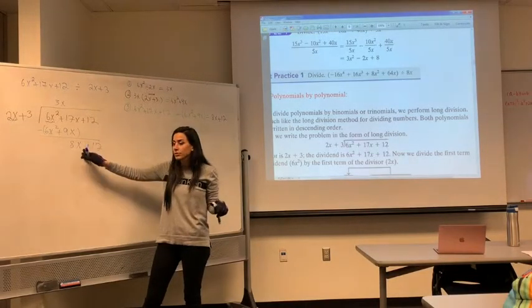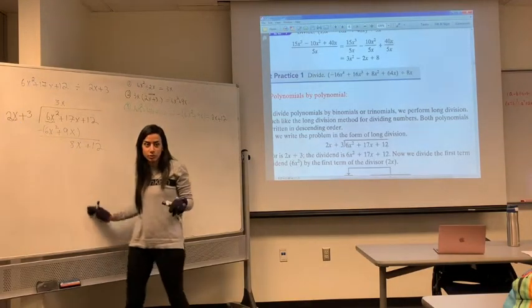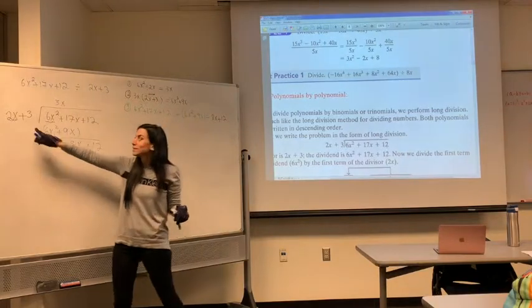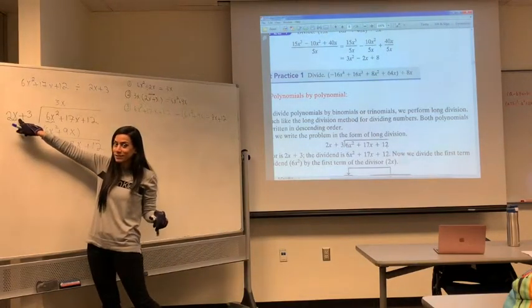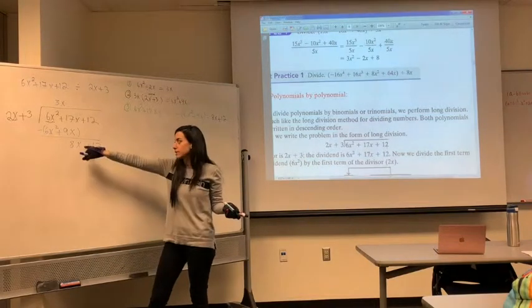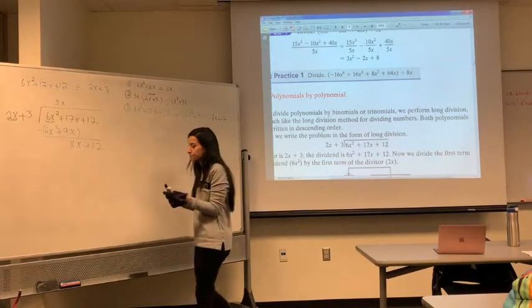If the power is greater than the divisor's, still you should continue. But if the power of this one is less than the power of the divisor, you will stop. So now we should continue, correct? Because this has a power equal to or more than the power of the divisor.